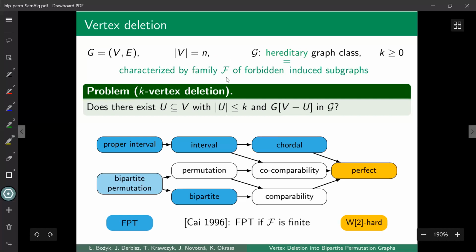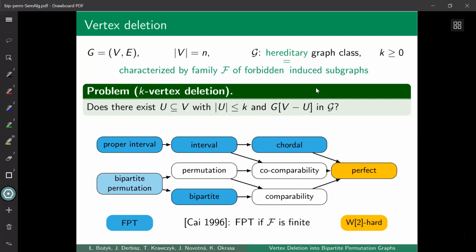Because n might get larger, and this class F may consist of arbitrarily large graphs. So when n is huge, we have more and more graphs to check, and they can have more and more vertices. Okay, because it's the set of abstractions for the whole graph class. For the whole class. Yeah. Maybe it's good to see this on the example of bipartite graphs, where the abstraction set is all odd cycles, and you need to exclude all the odd cycles to get all the bipartite graphs. Okay, thanks.